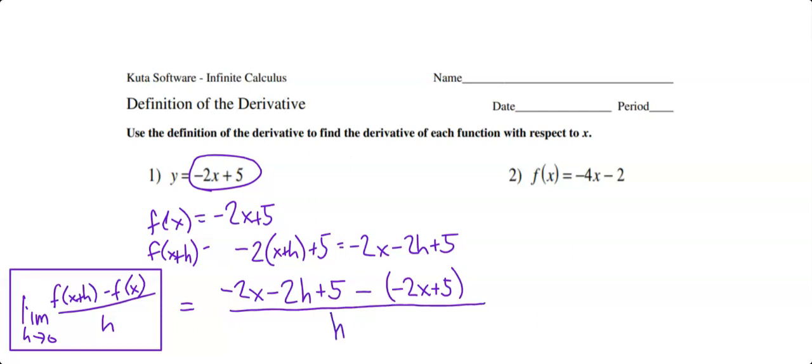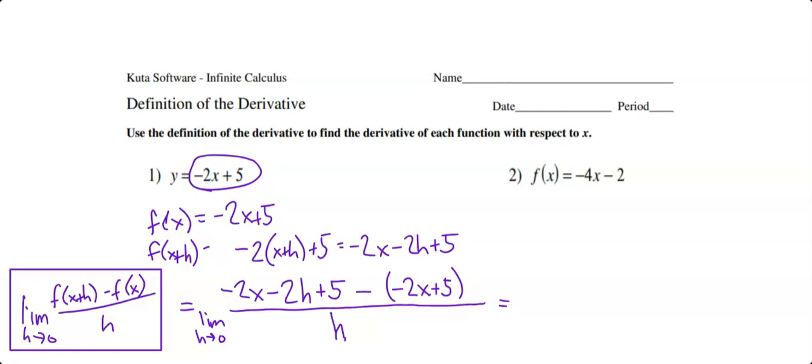And that's the limit as h goes to 0. Now I can't plug in the 0 for h yet, because then it's going to give me an indeterminate form, or it's going to give me no solution because it's 0 in the denominator. But watch what happens next.